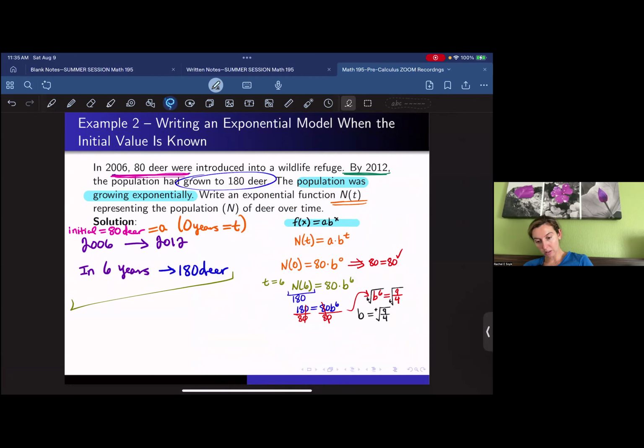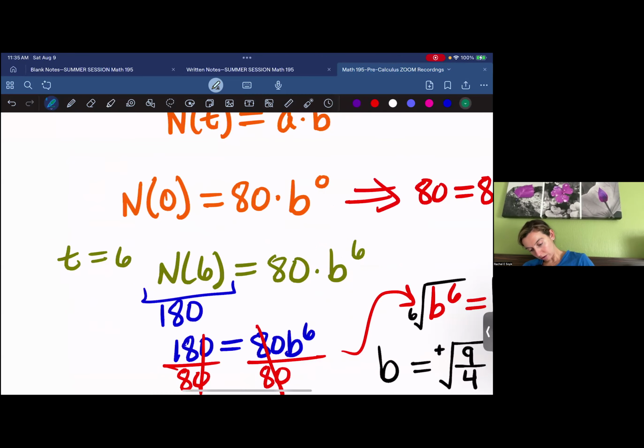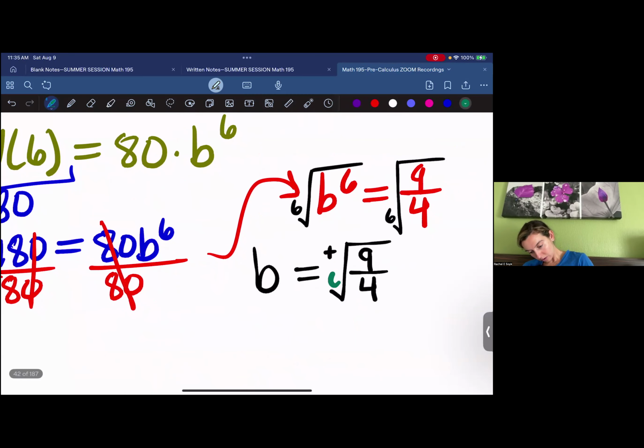So shrink this and then finally state that our overall result is n of t is equal to 80, in parentheses, the 6th root, right? Forgot the 6 over here.